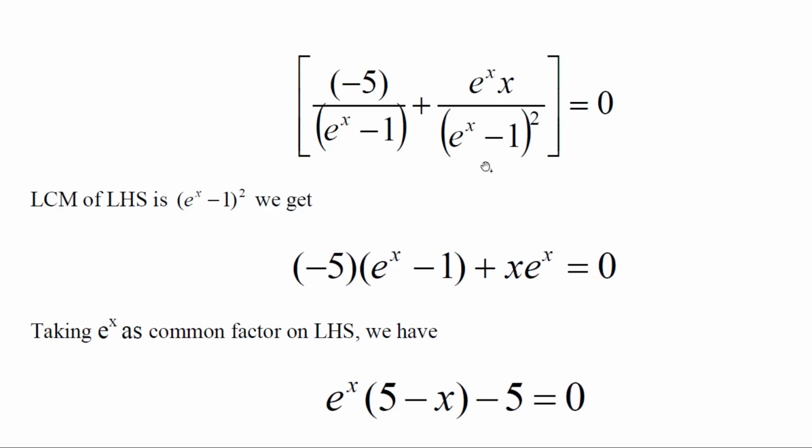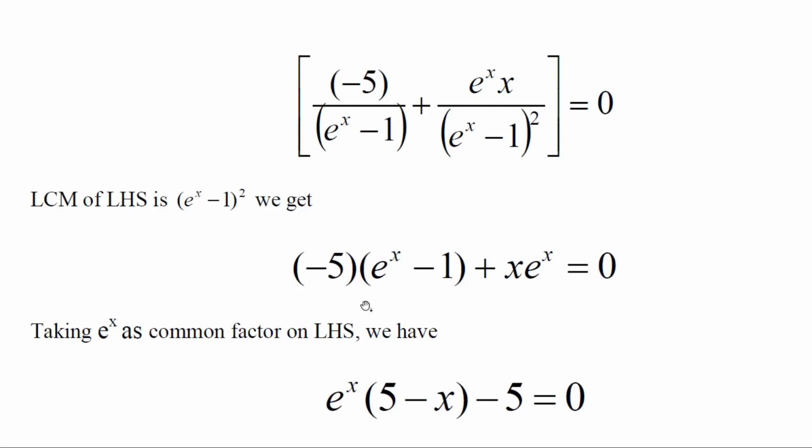If we take the LCM, we get (e^x minus 1) whole square. Multiplying the left hand side by (e^x minus 1) whole square, we have minus 5 (e^x minus 1) plus x e^x equal to 0. Multiplying this out, we have minus 5 e^x plus 5 plus x e^x equal to 0.